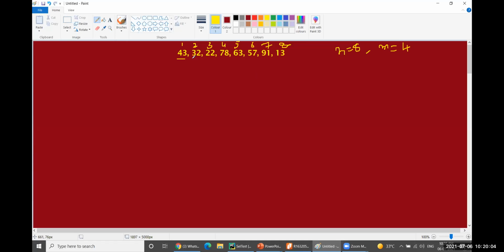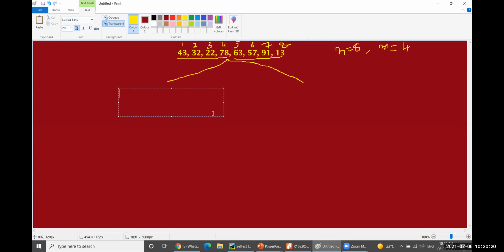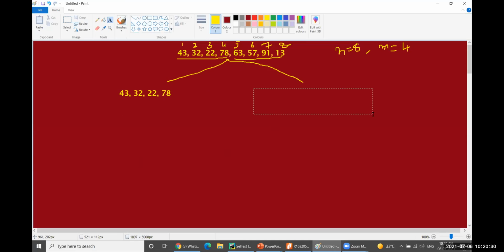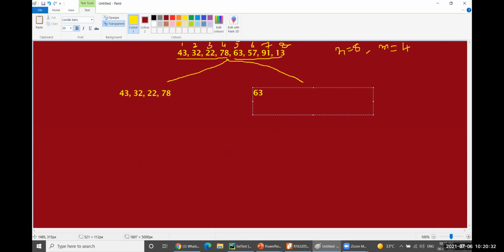Up to these elements will be the first sublist and these elements will be the second sublist. So you have to draw something like this. Obviously, 43, 32, 22, 78 will be one particular sublist, and the second sublist will be 63, 57, 91, and 30.